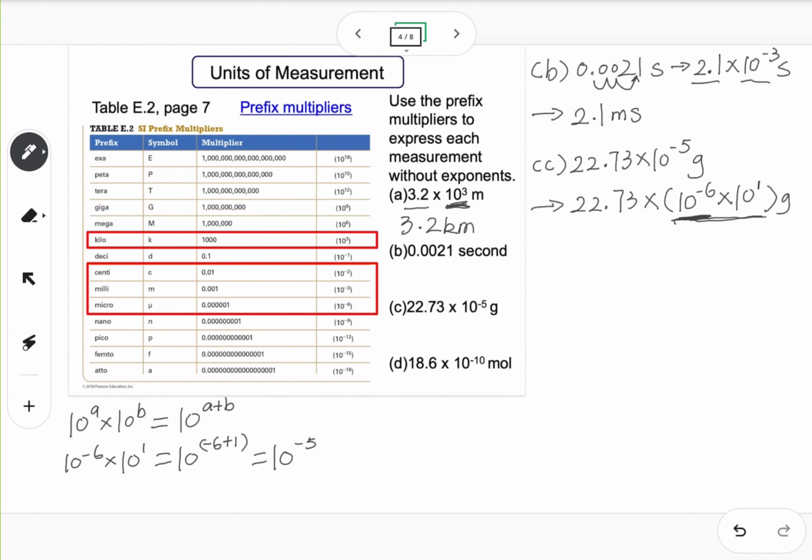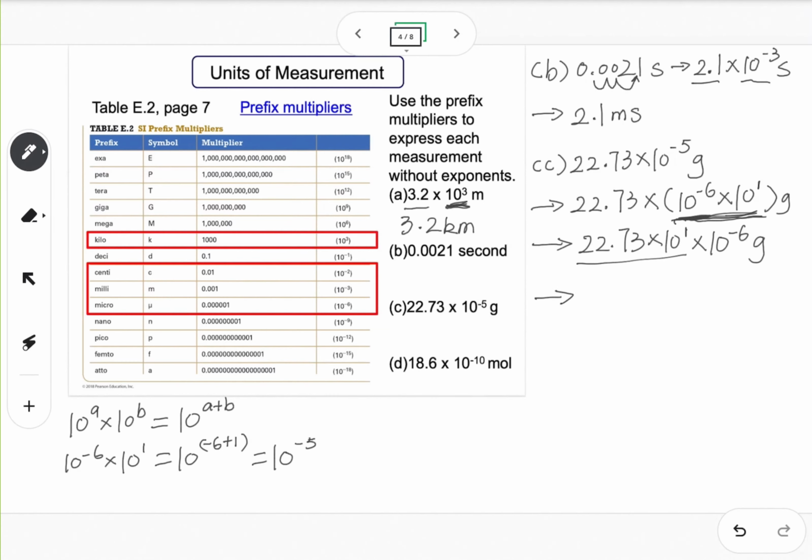Now I'll combine these two items. What we need to do is 22.73 times 10 to the 1 times 10 to the negative 6 gram. I open the parentheses and exchange the position of the two items, so the value does not change. Now I combine these two.